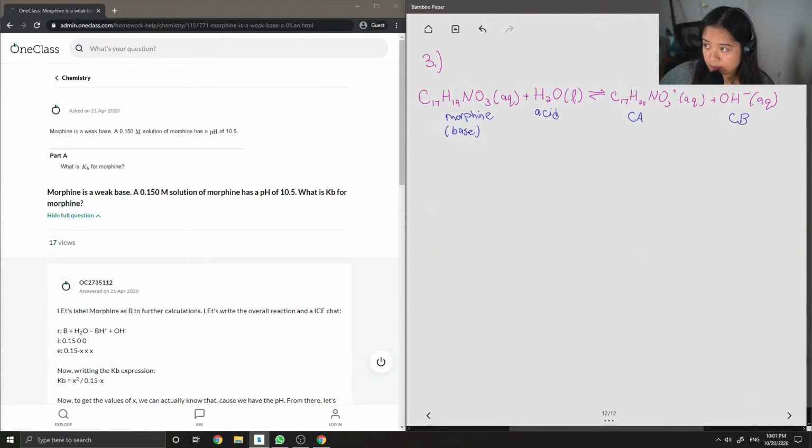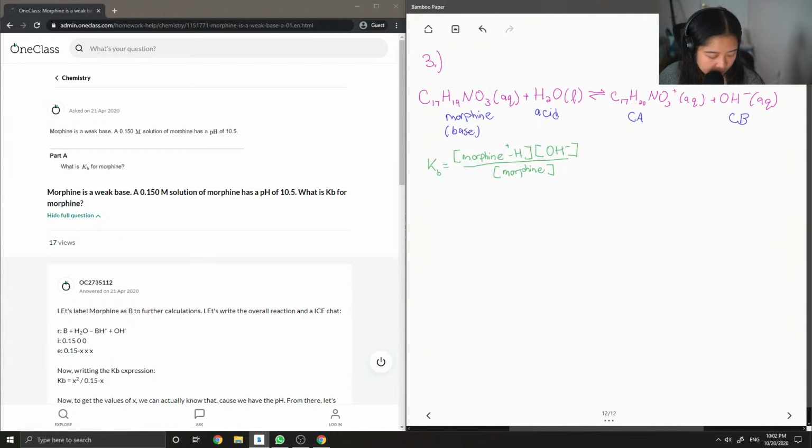Okay, so I am now just going to write out the equation expression to calculate for Kb. Okay, so I did products over reactants.